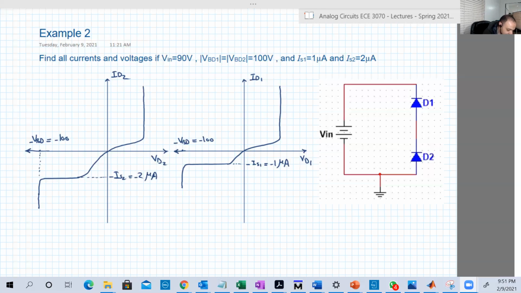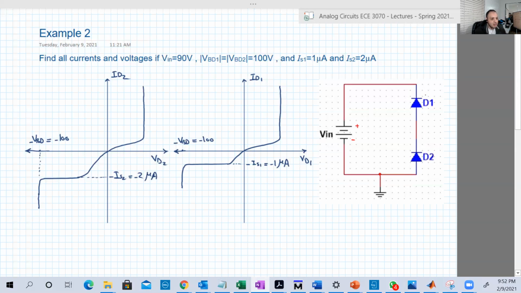The positive terminal of the source here is closer to the N of D1 and the N of D2, and the negative terminal of the source is closer to the P side of D2 and also the P side of D1. You can just interchange them because they are in series. You can draw D1 at the bottom and D2 on the top.